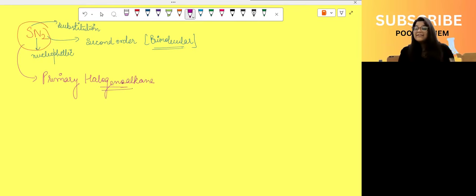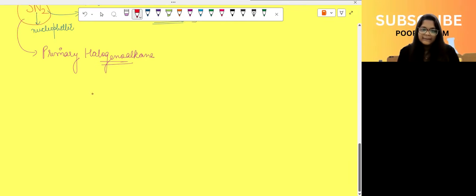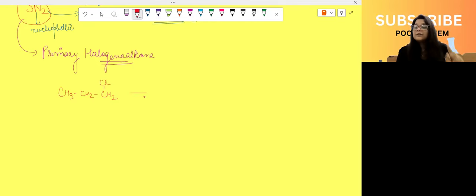Now, primary is one in which the halogen is attached to a carbon, which is further attached to just one carbon, right? So let's take an example. That's your primary halogenoalkane. What I will do, I will first make a 3D geometry of this.